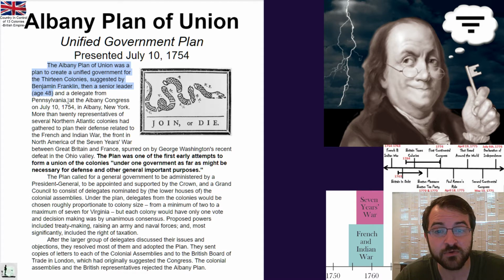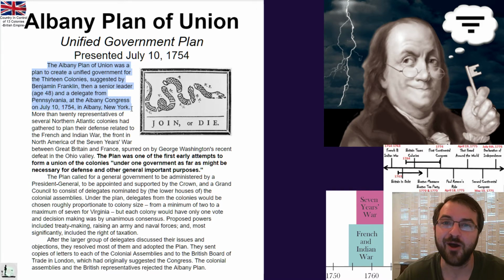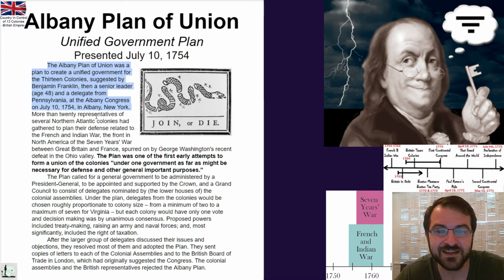And he was a delegate from Pennsylvania, because he was from Pennsylvania. And he was at the Albany Congress, July 10th, 1754, in Albany, New York. I wonder, Albany Congress, Albany Plan of Union, I wonder where this stuff happened. Albany, New York. All right.